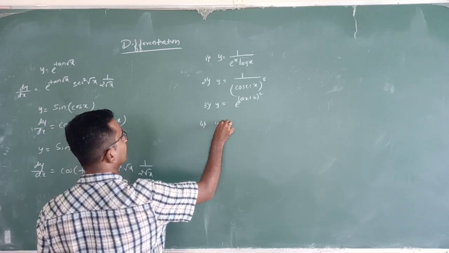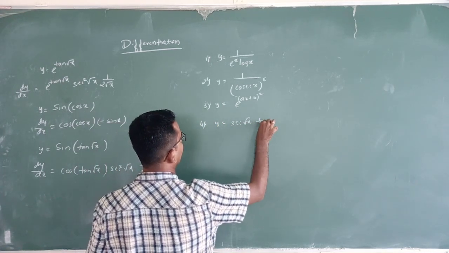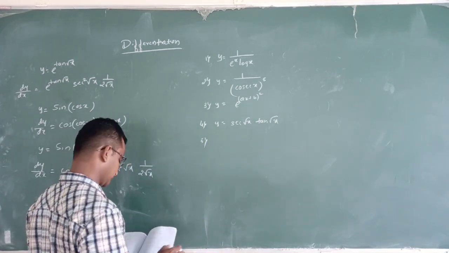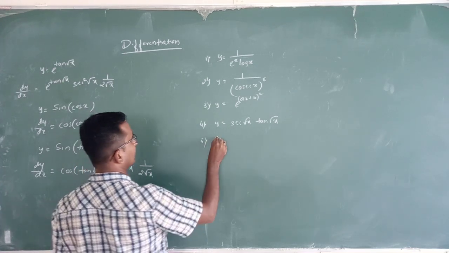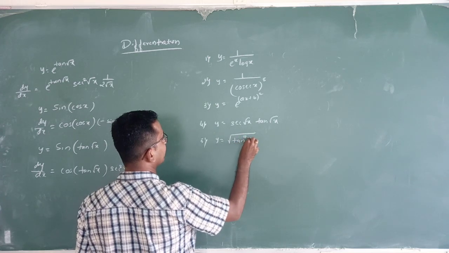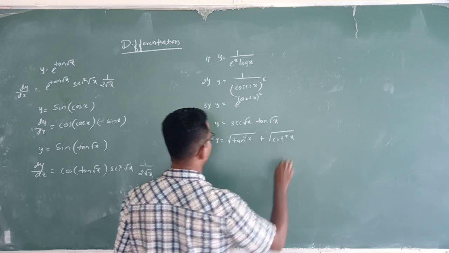Fourth one, y equal to sec of root x tan of root x. Fifth one, y equal to root of tan raised to 7x plus root of cot raised to 7x.